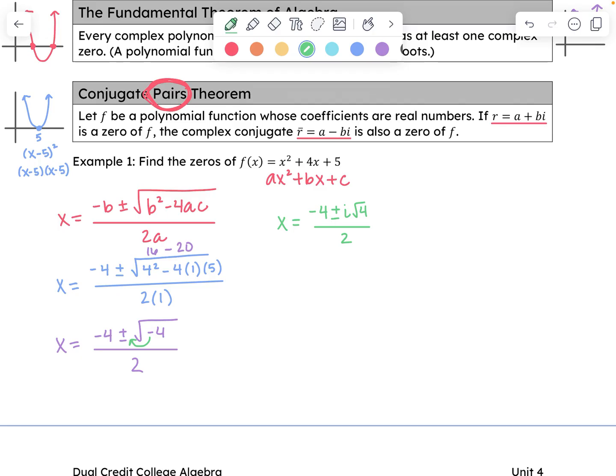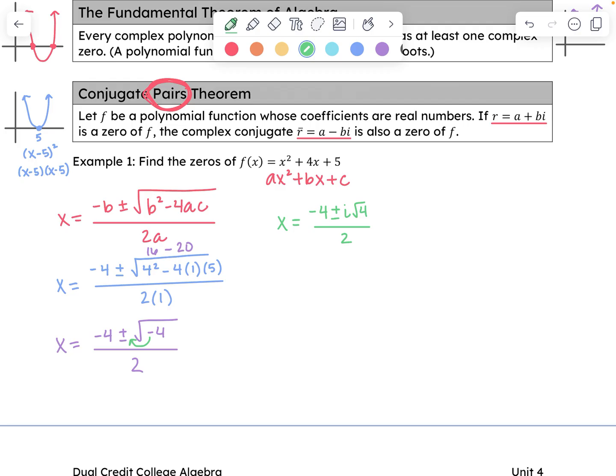So bring the negative out, make it an i, and then solve it like you normally would. In this case, it's a nice, pretty, perfect square, so I can just figure out what that square root is. But if it wasn't a nice perfect square, you would need to break down that square root like you did back in geometry. So the square root of 4 is just 2.